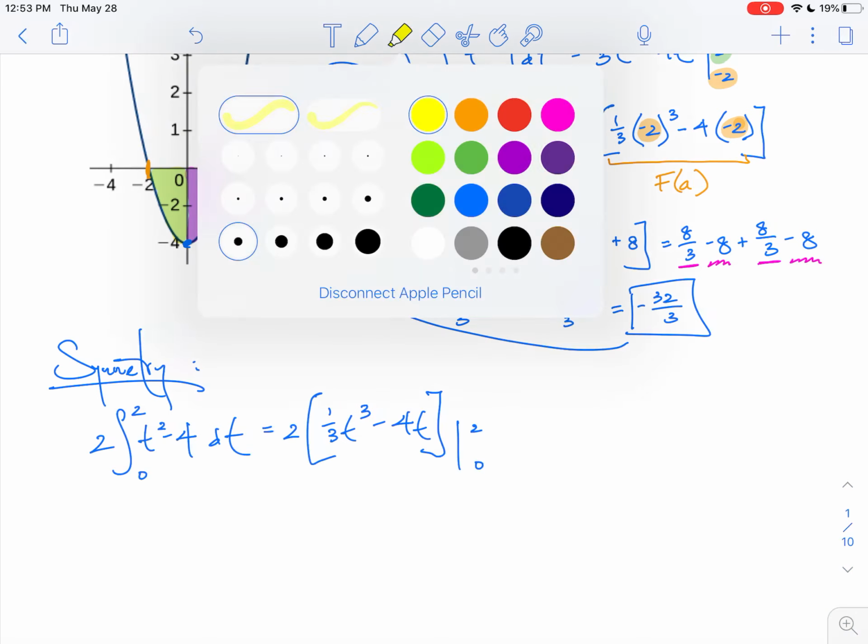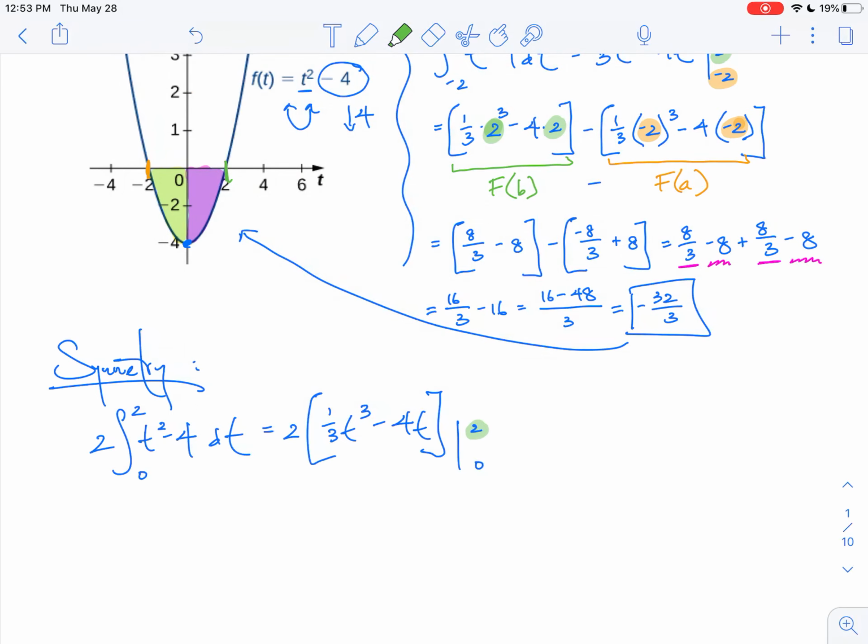All right, so we've got 2 as our b value, we've got 0 as our a value. So what happens when we plug this in? We have 2 times 1/3 times 2 cubed minus 4 times 2 minus 1/3 times 0 cubed minus 4 times 0.